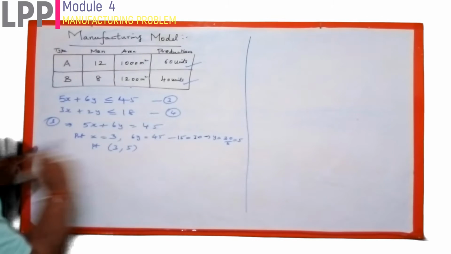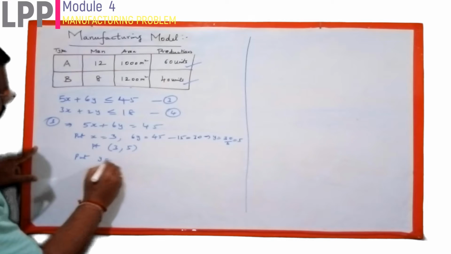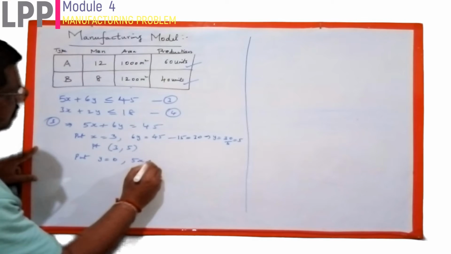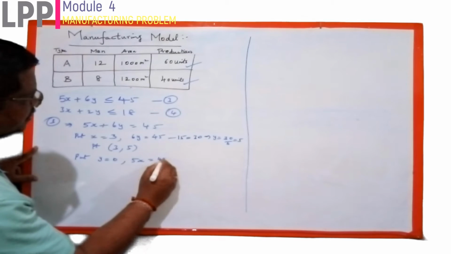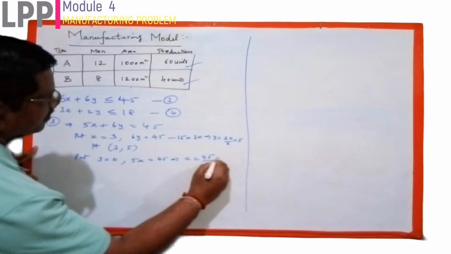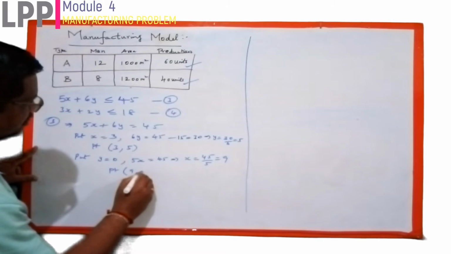Clear? Have you understood? Next we take y value 0. If it is 0, what happens to x? 5x plus 6y becomes 5x, so 5x equal to 45. From this, x is 45 by 5, which is 9. So we get another point, 9 comma 0.